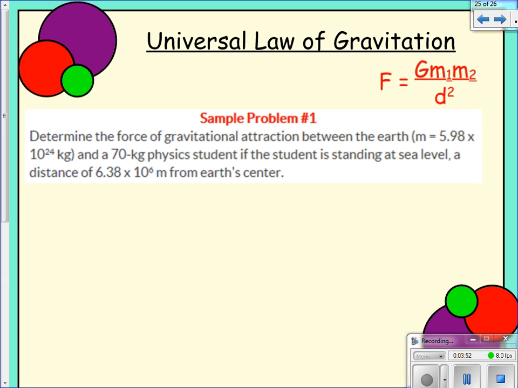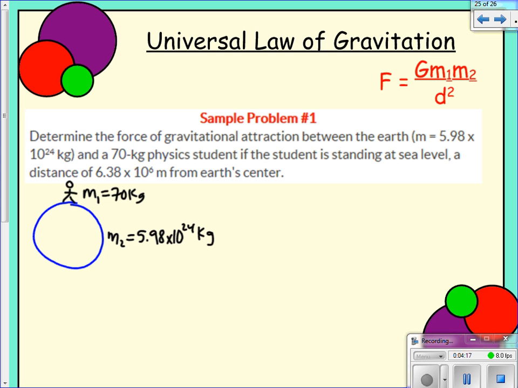We have our Earth, and on top of our Earth, we have our physics student. Obviously, this is not drawn to scale because a physics student is not that ginormous, but just to get the idea. Our mass 1 is going to be our physics student's mass, and our mass 2 is going to be the mass of the Earth, which is 5.98 times 10 to the 24th. Notice both of those are in kilograms, so we do not need to convert.